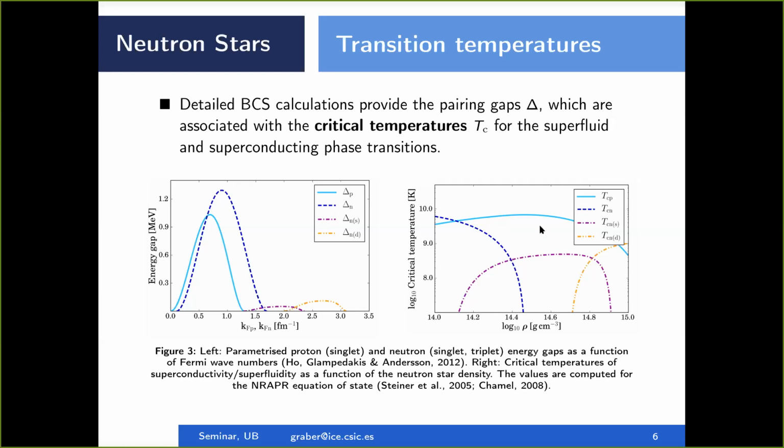In the core, which is what I'm typically focusing on, you first hit the transition temperature for the protons. In this picture, this corresponds to the light blue gap curve, which is on the order of 1 MeV to something that's maybe a factor of 3 smaller, depending on the models that you look at. And then eventually, once you cool down even further, you'll hit the superfluid transition temperature for the core neutrons.